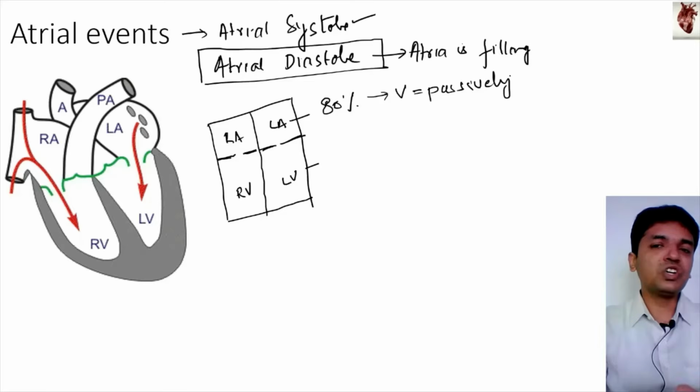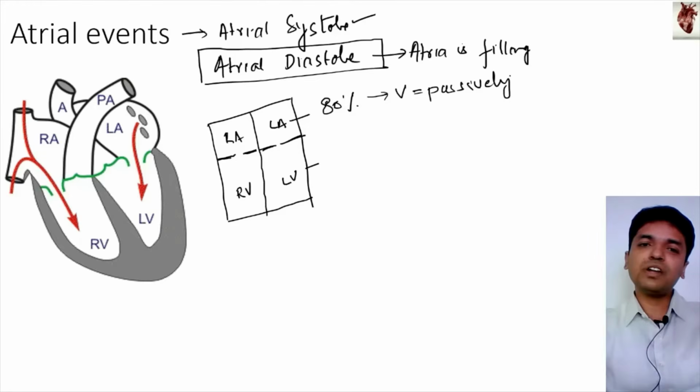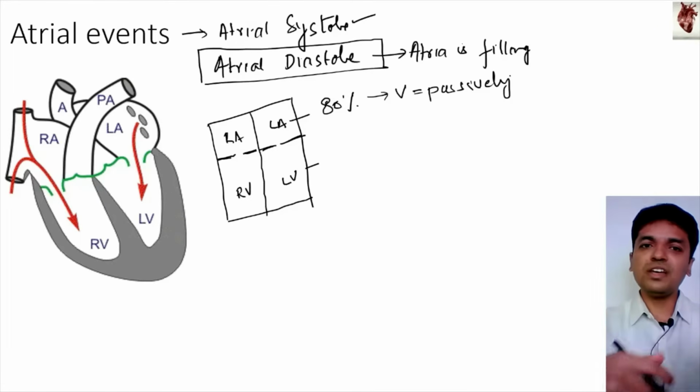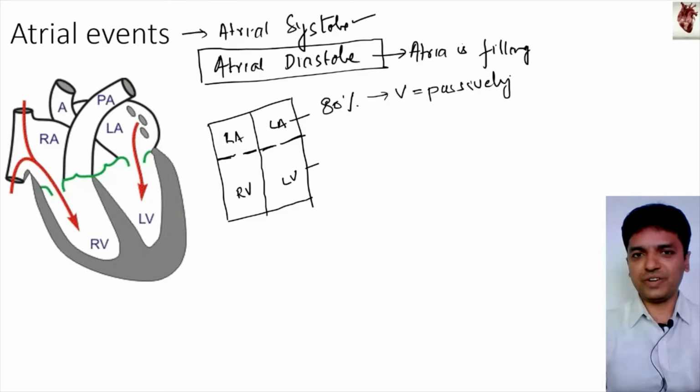That means I don't need active contraction of the atria to push the blood from the atria into the ventricles. So 80% of the blood, as soon as the atrioventricular valves open, moves from the atria into the ventricle without any contribution of the atria.